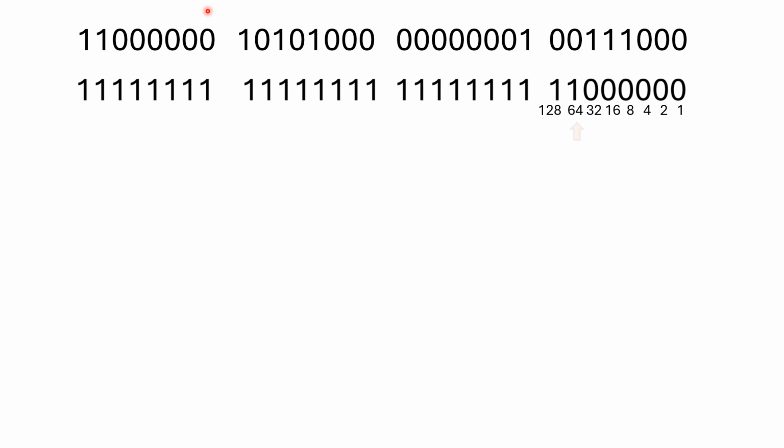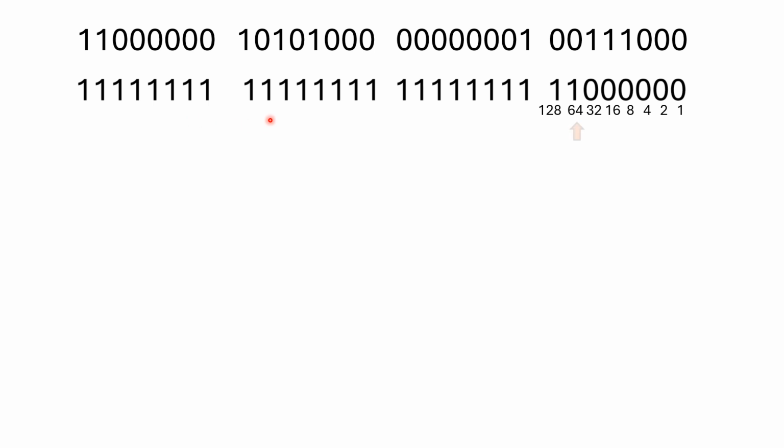Now we need to find out the network address in which this IP address falls. To do that, we need to compare the binary versions of the IPv4 address and the subnet mask, both of these. Here is how the comparison result is obtained. Keep in mind that we will compare these two bit by bit.